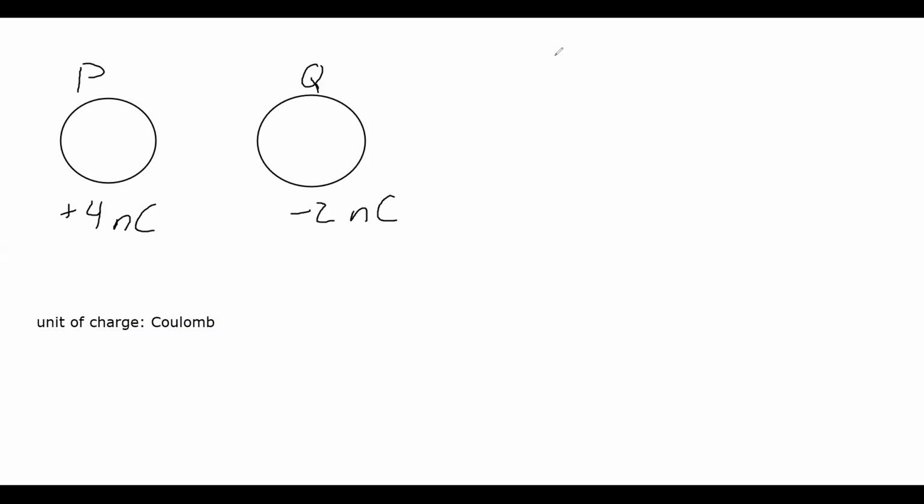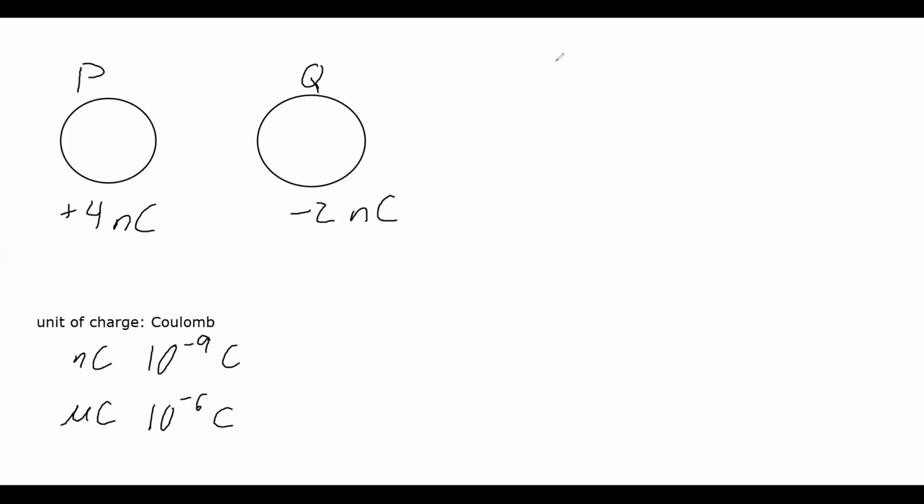Usually we use nanocoulombs, NC, which is 10 to the negative 9 coulombs, or sometimes microcoulombs, which would be 10 to the negative 6 coulombs. So those prefixes come up a lot. That's just a unit of charge. So on P, we have positive 4 nanocoulombs. On Q, we have negative 2, and we're going to bring these two together.